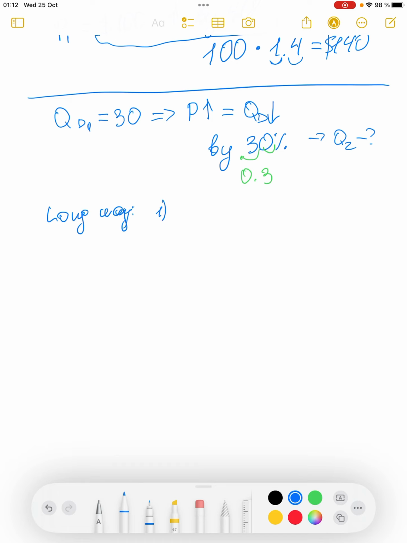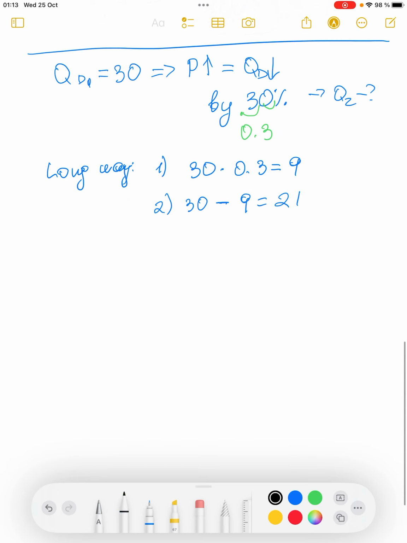First, you find out how much is 30% of 30. So 30 multiplied by 0.3 on your calculator is 9. And the second step, you take your 30 minus 9, and it's 21. But instead of doing this, to make it easy for you, you take your 100% minus 30%, which is 70%.